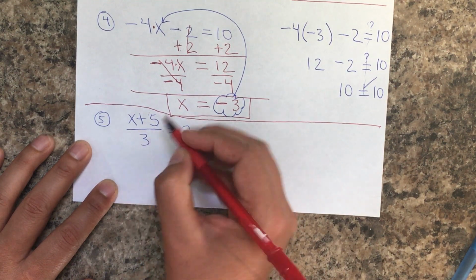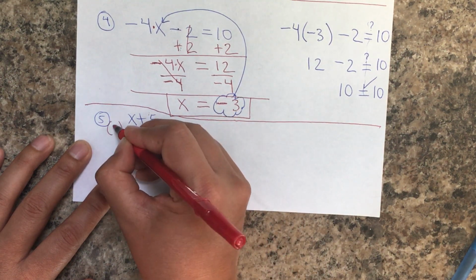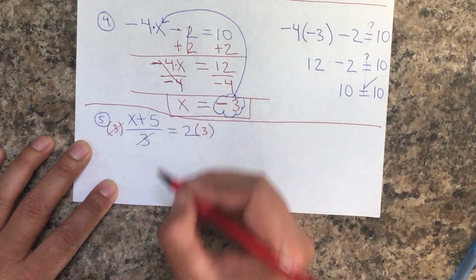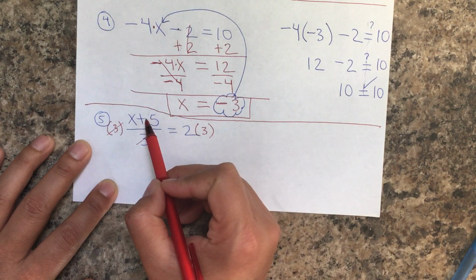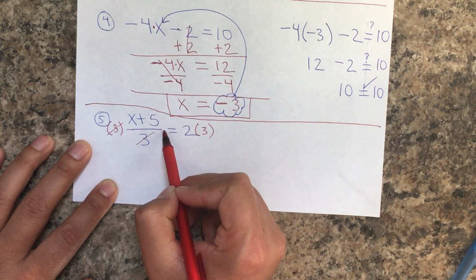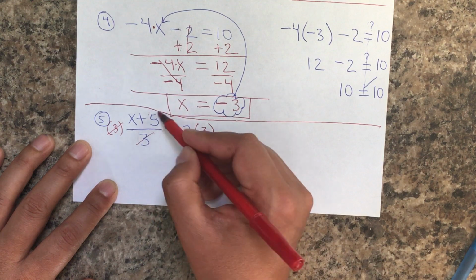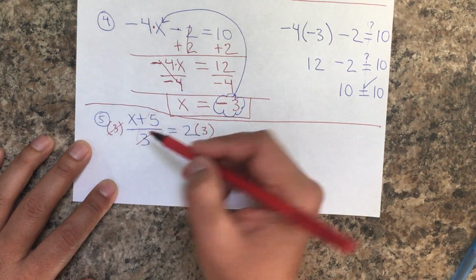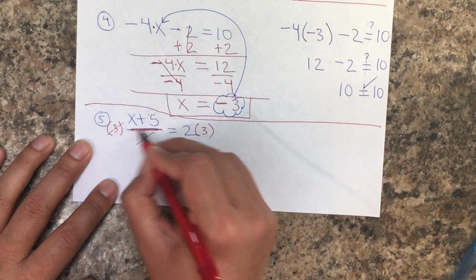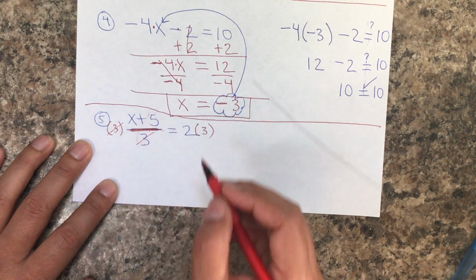So if we're dividing by 3, the opposite is to multiply by 3. Again, we cannot get rid of the plus 5 because everything is divided. If we get rid of that, we're going to get rid of a fraction, 5/3, and we don't want that. So that's why if we're dividing by 3, we multiply by 3.